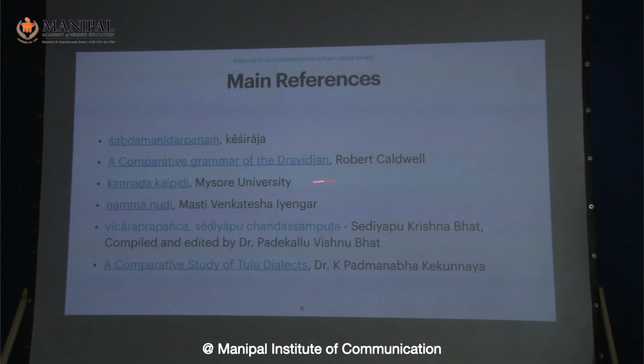I have also referenced the book on Dravidian languages, Comparative Grammar of Dravidian by Robert Caldwell. Kannada Kaipidi, published from Mysore University. Nammanudi of Masti Venkateswara Iyengar. I am indebted to Dr. Padekallu for this also. He referred me to read this.